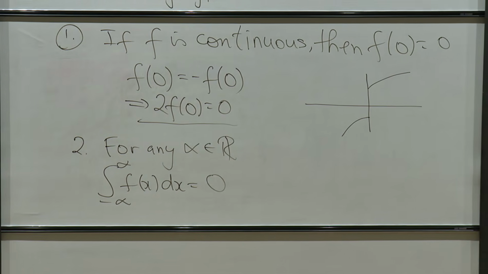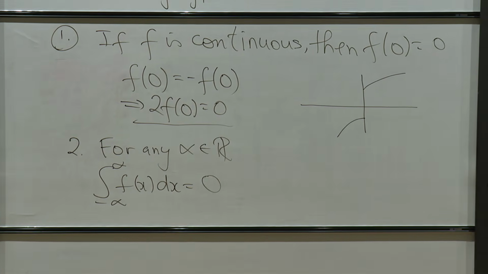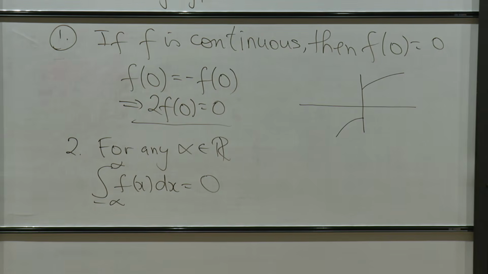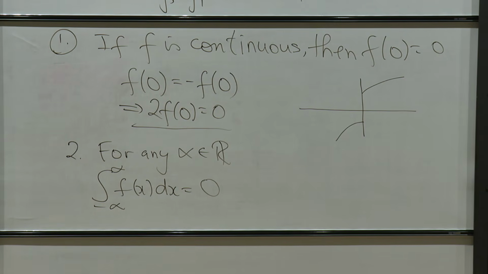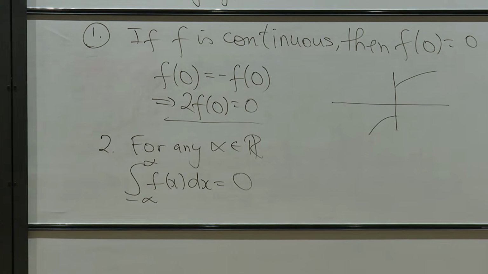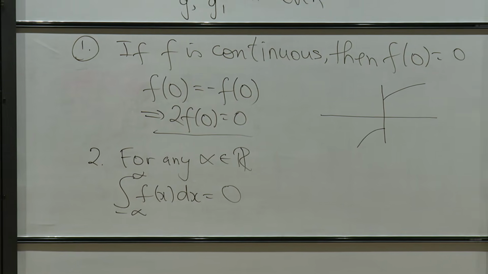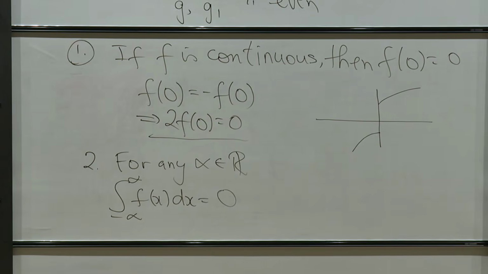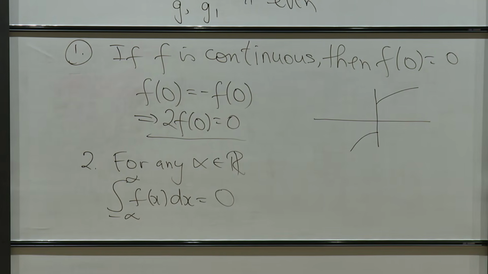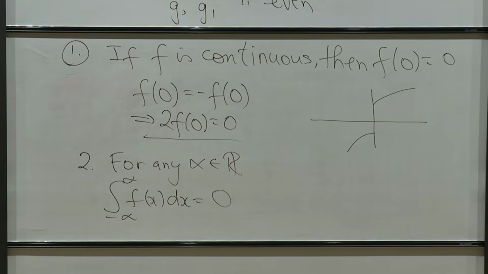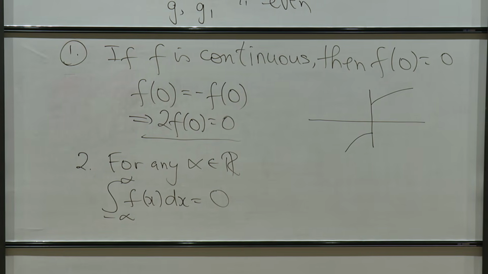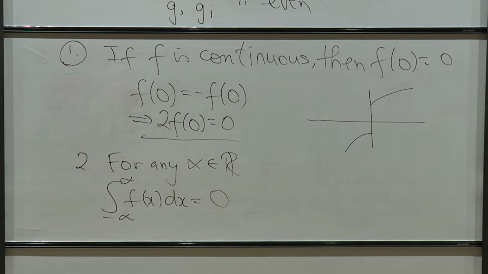And again, intuitively, that makes sense, because if you've got an odd function and you integrate it from 0 to alpha, say where alpha is positive, then you get some value, but if you integrate it from minus alpha to 0, you're integrating the same values again, but negative. So you'll get the same value as the previous integral, but with a negative sign.